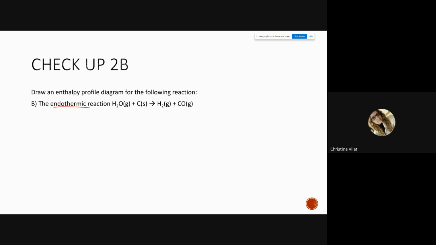Any others for me to check before I move on? What if they can't read my handwriting? I mean, they can read pretty bad handwriting, not to say yours is bad.